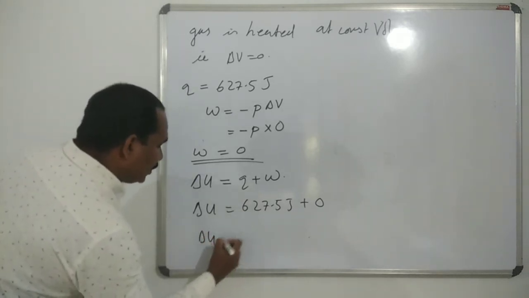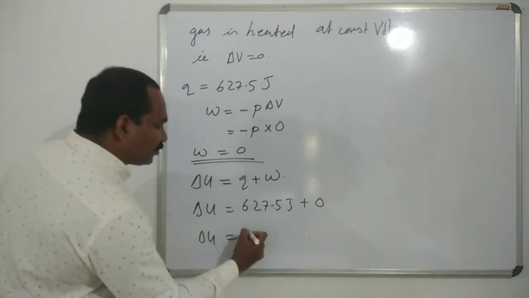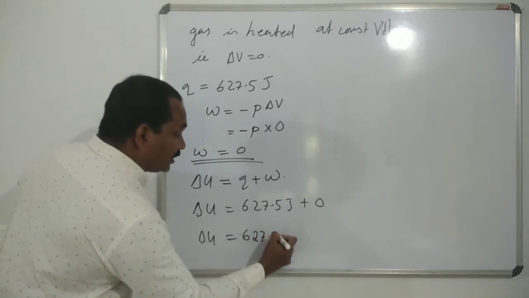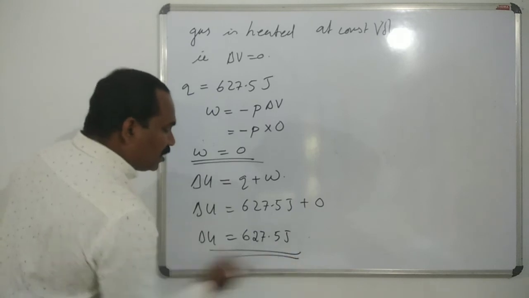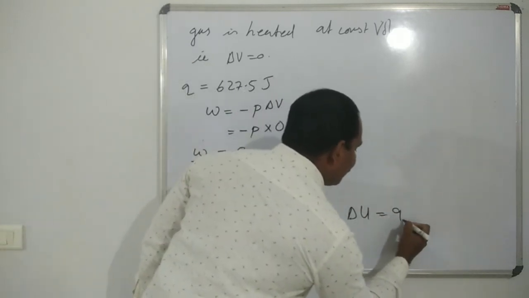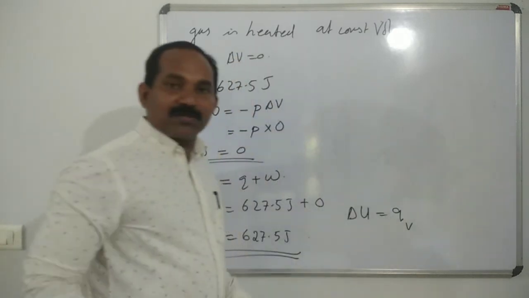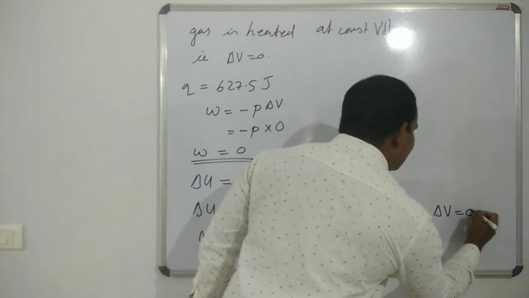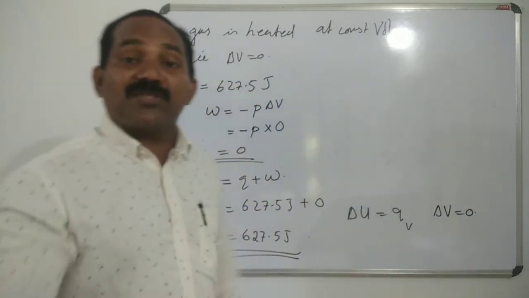Here ΔU is equal to the heat absorbed by the system, 627.5 joule. As we already discussed, ΔU is equal to Q_V. What does this V denote? The V denotes ΔV is equal to 0 at a constant volume.